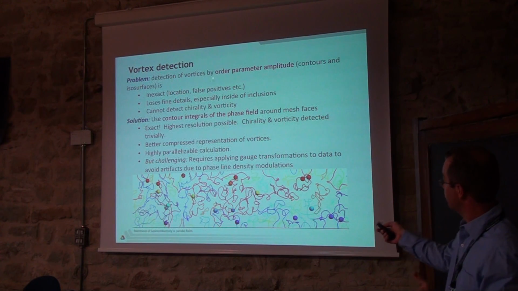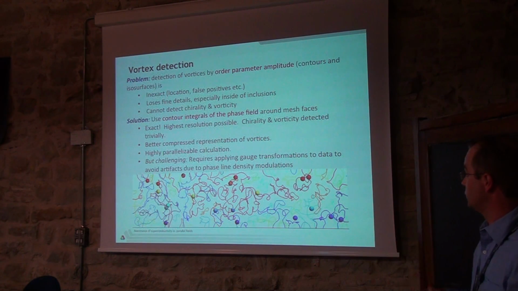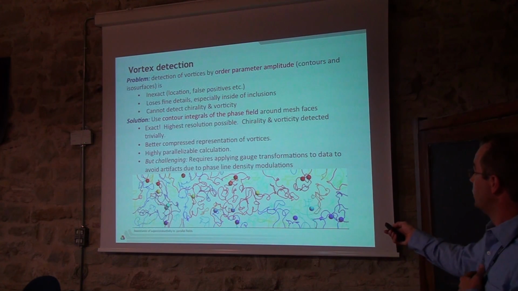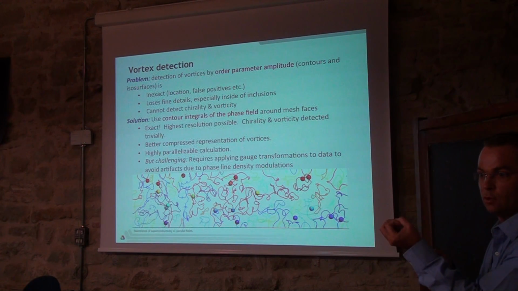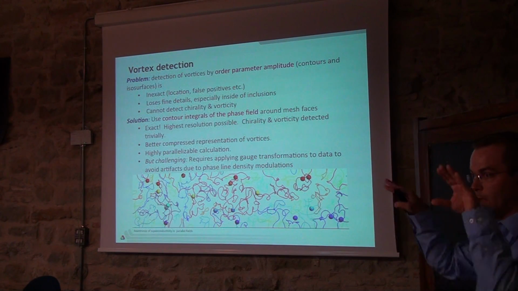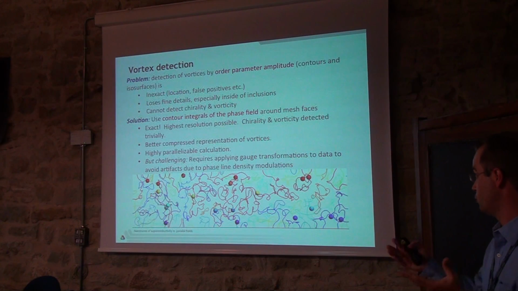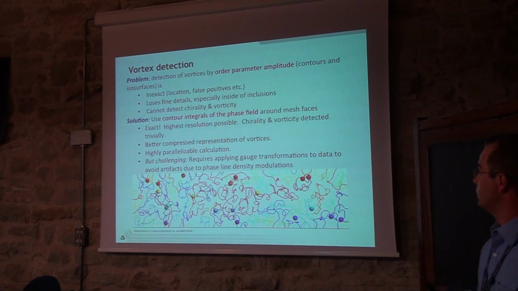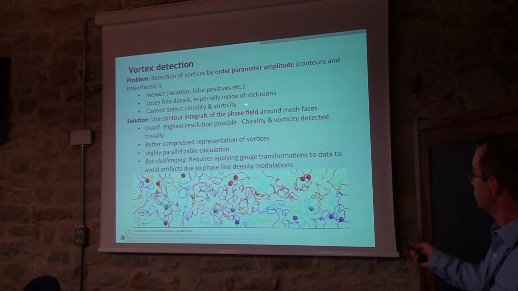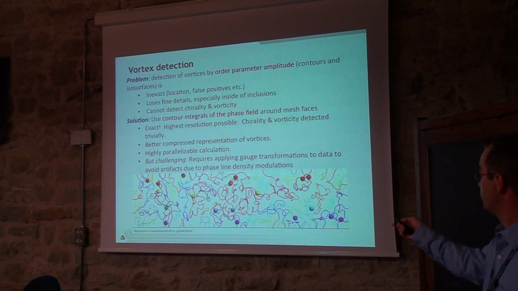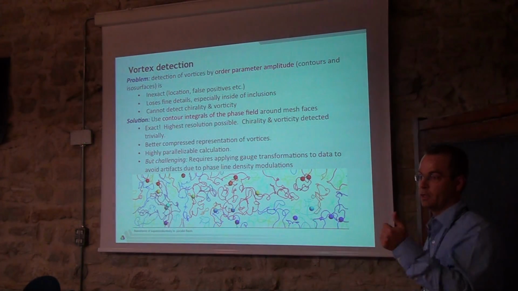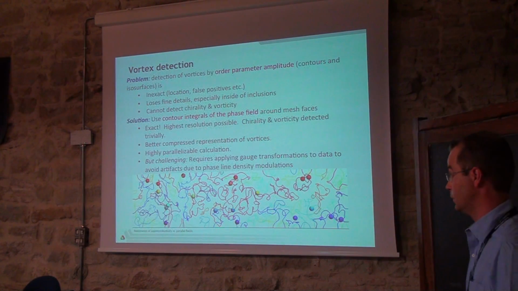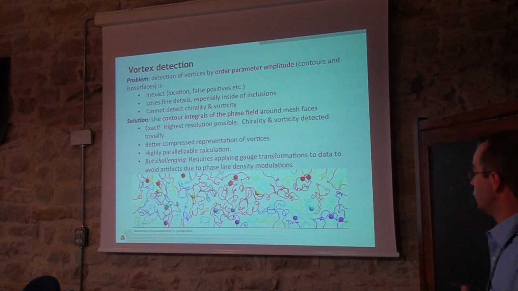So again, as I mentioned, this amplitude visualization or estimation of vortex location is rather inexact. You cannot actually see what is going on inside inclusions. You still have a residual order parameter in there due to proximity, but in these simple isosurfaces, you cannot really see what's happening inside. So you lose all the fine details, especially inside the inclusions, and additionally, you cannot describe the chirality or vorticity of the vortices this way. So you need to do something else.